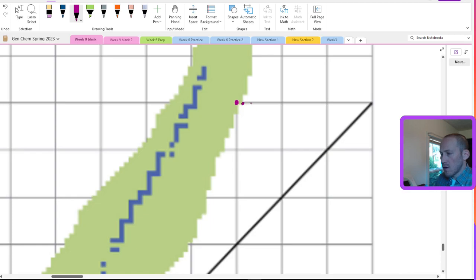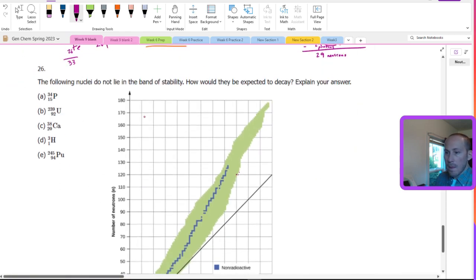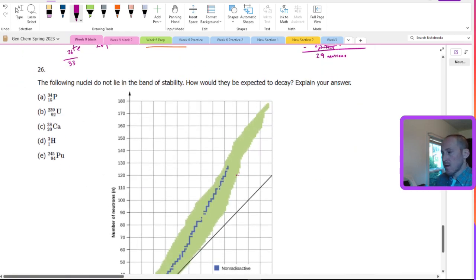That's 91. 92. There's our 92. And 147 neutrons. 92 protons.